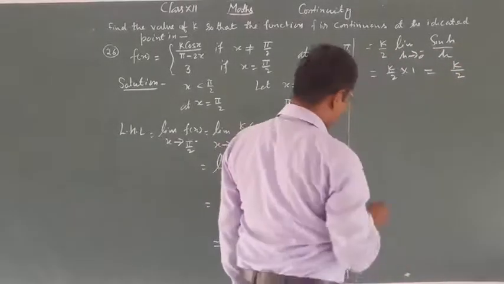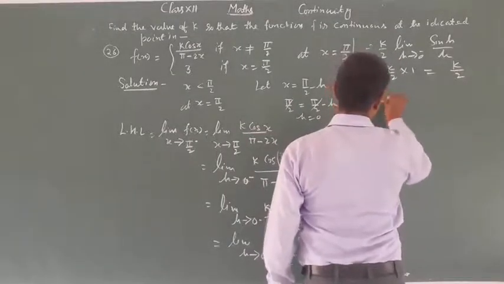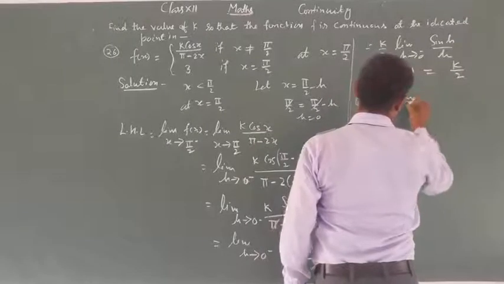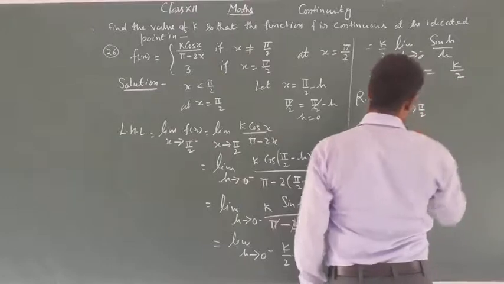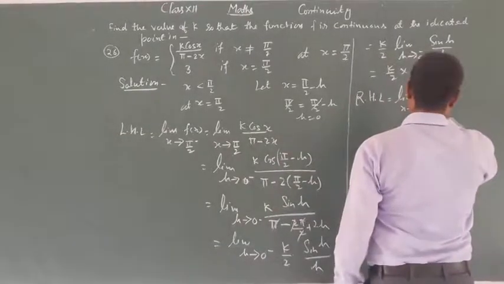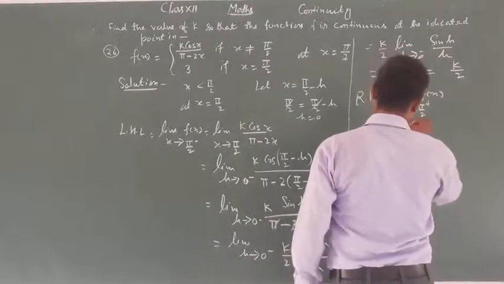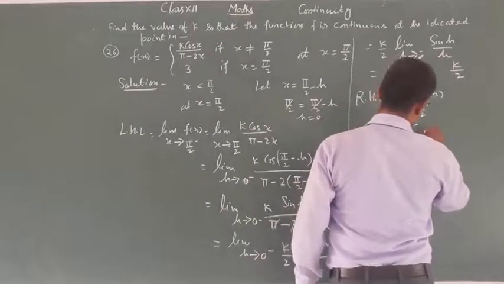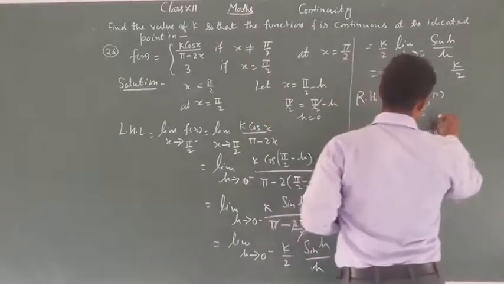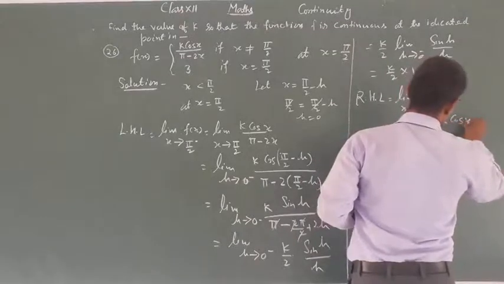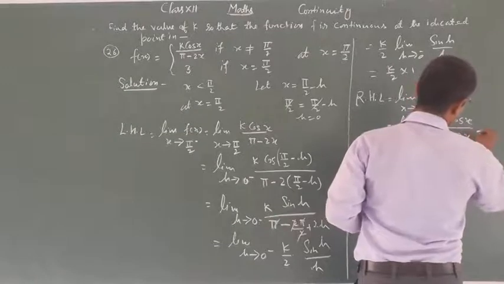And also the right hand limit, x tends to pi by 2 from the right, of f(x) is k cos x upon pi minus 2x.